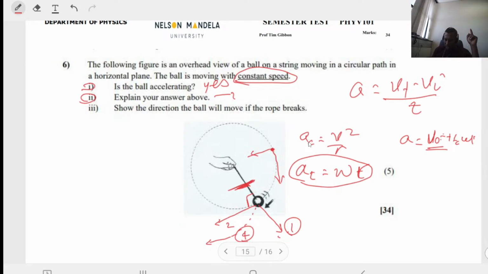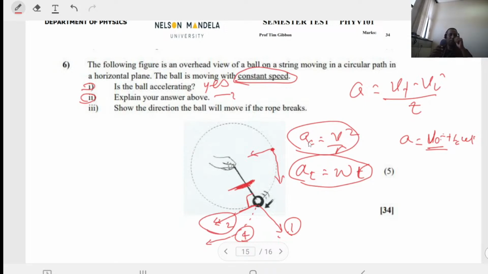Therefore, if the string is cut, the centripetal acceleration is 0 because there is nothing pulling it in anymore. Then the tangential component causes this object to continue moving, but tangent to the circle. The angle between the radius and the path the ball takes is 90 degrees.